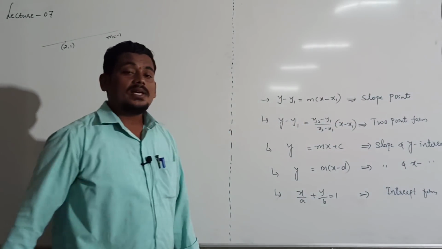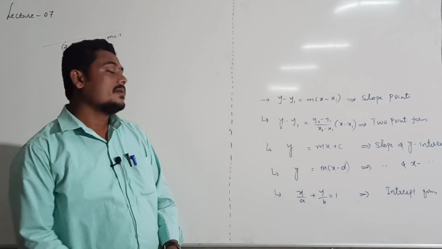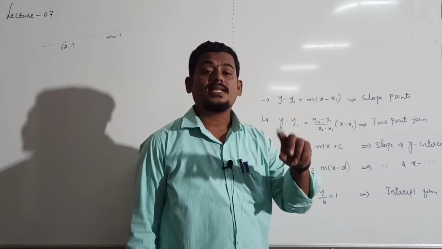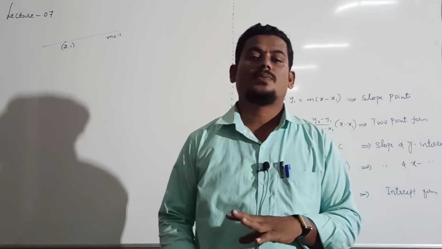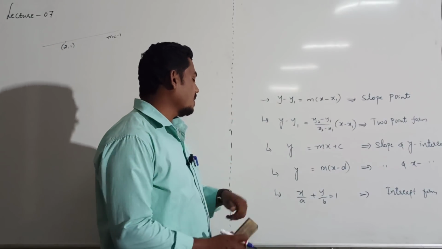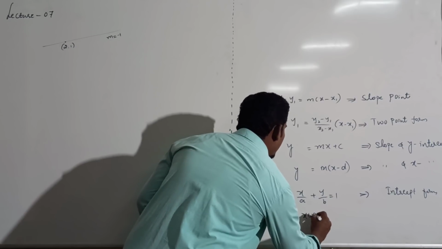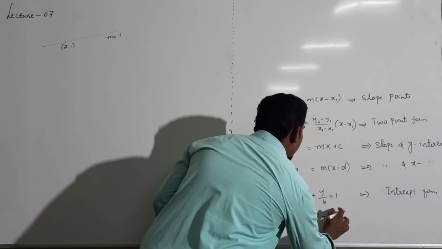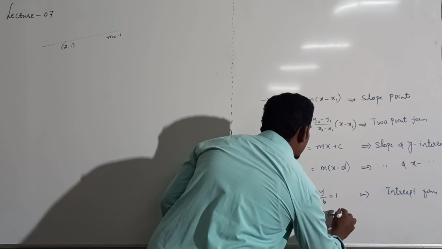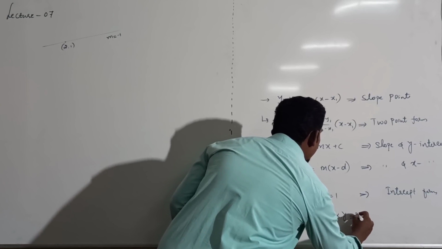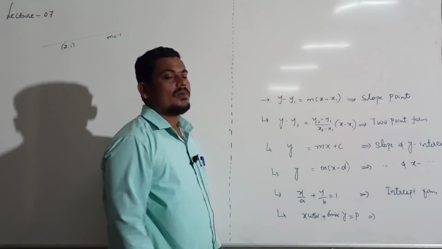Whenever both x intercept as well as y intercept are given, then use this formula. Then last one, x cos alpha plus y sin alpha is equal to p. It is normal form.